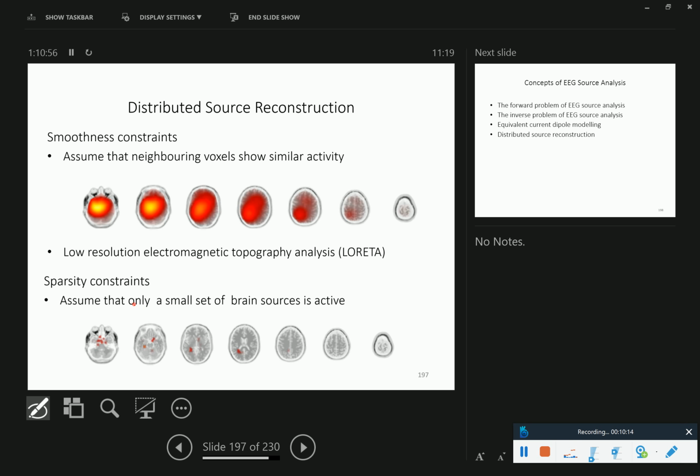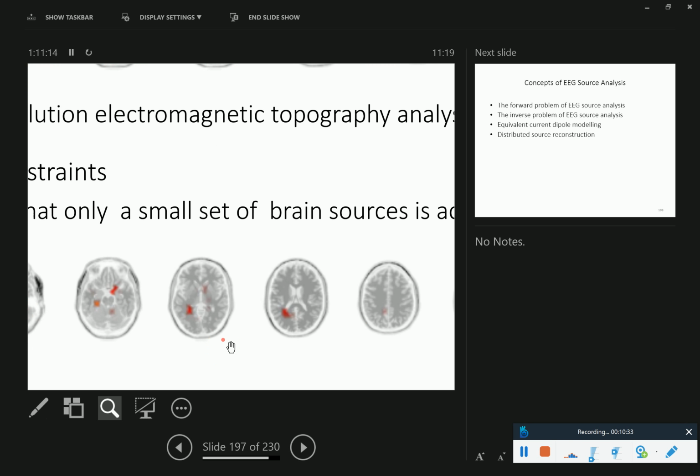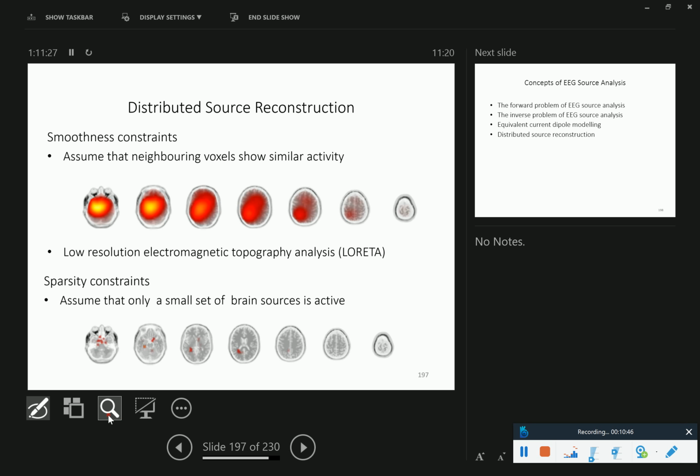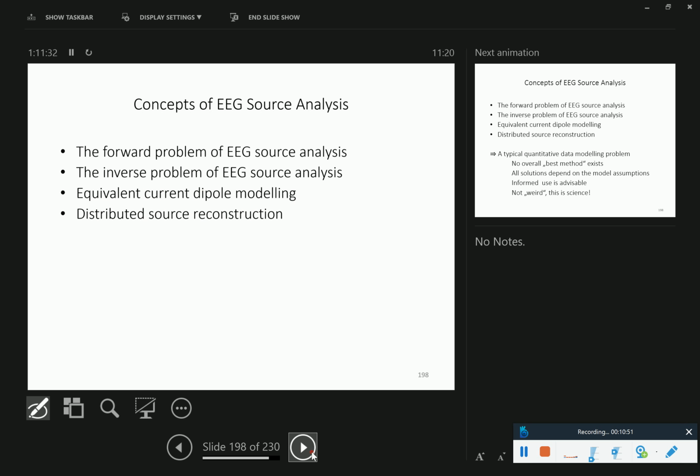If you put in sparsity constraints, then you try to bias the distributed source reconstruction toward what a dipole model would do, and you would have much sparser and more regionally specific activities. So here you see some solutions from a sparseness constraint. So this is already the end of distributed source reconstruction.